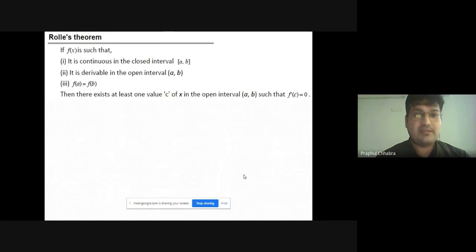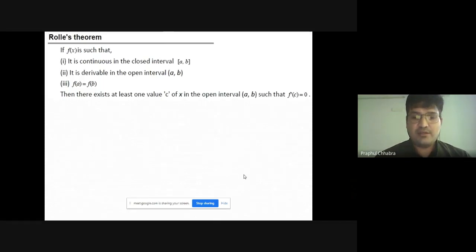Keep in mind, at least one value of c. It may be more than one, but at least one value of c such that f'(c) = 0. f'(c) = 0 means the slope of the tangent at x = c will be 0. It means the tangent will be parallel to the x-axis.